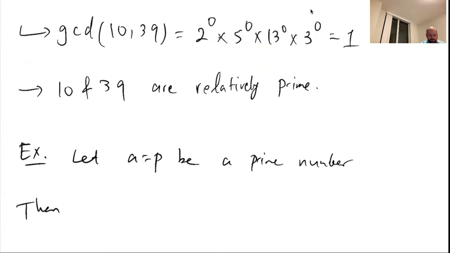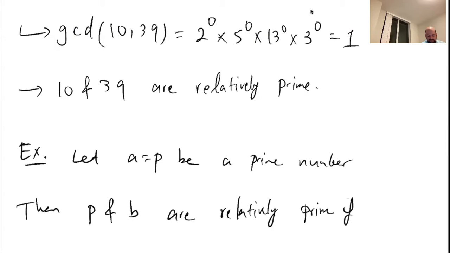Then P and B are relatively prime if P does not divide B. So if P is not a factor of B, then P and B are relatively prime. If the number is not prime, that's not necessarily the case.